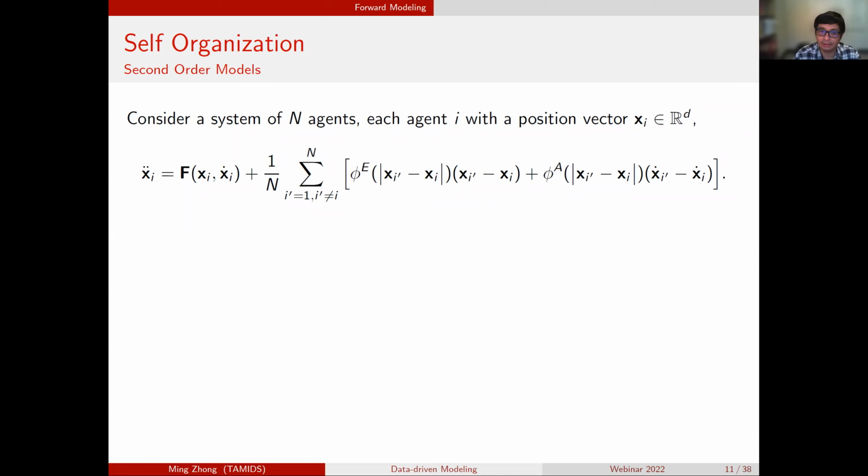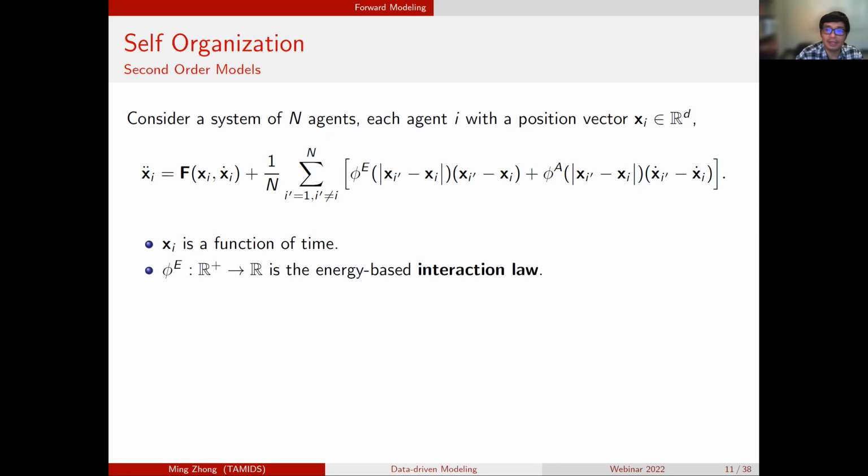The n here is the whole system, of an energy-based interaction, which is why it's phi with the superscript E there. So it's the energy-based interaction kernel, weighted by the pairwise difference, plus an alignment-based interaction law weighted by the pairwise difference in velocity. So it's like the pairwise headings.